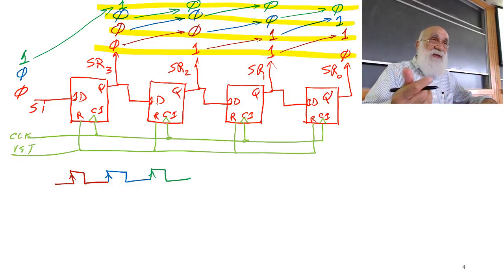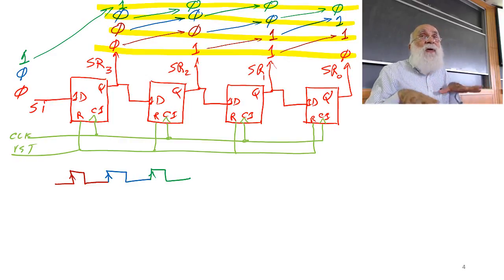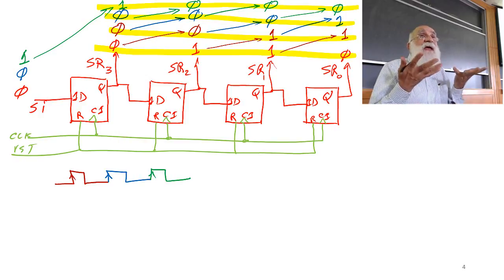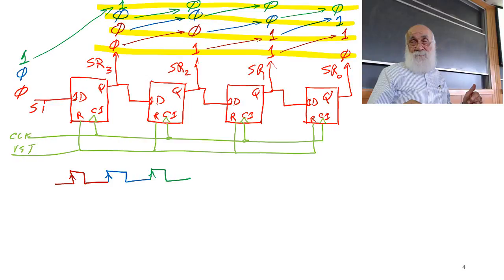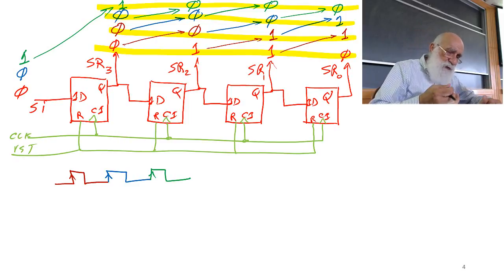Now this register has no way of doing a parallel loading into it. Okay? So if I decide that at one point I like to put some data in it, some parallel data into it, I won't be able to do it. Okay? This is what I'm going to do to resolve this issue now.